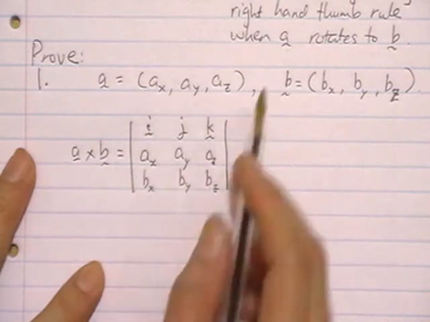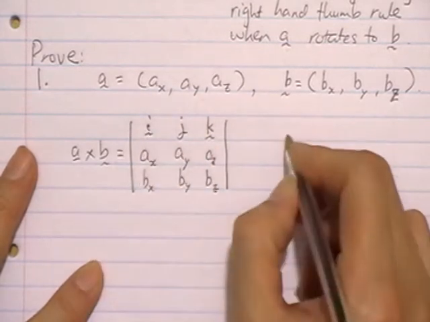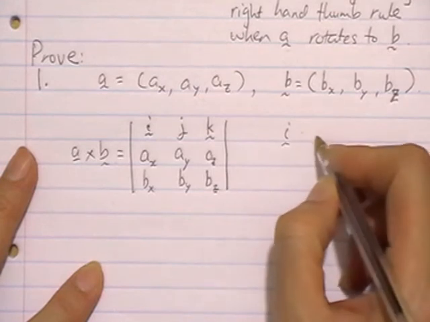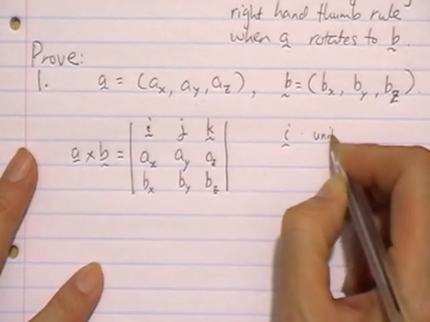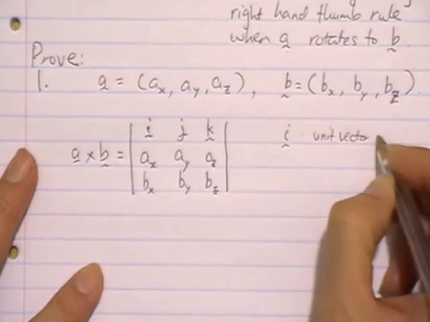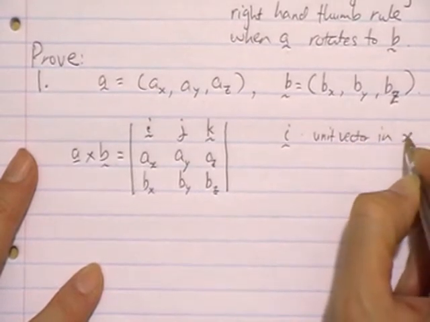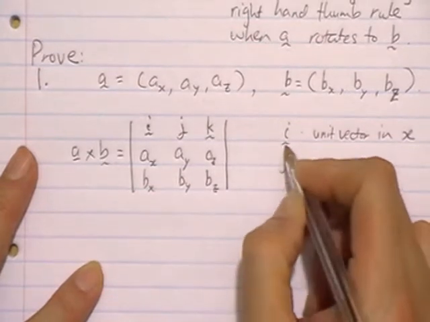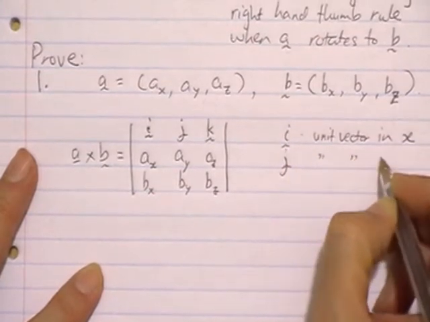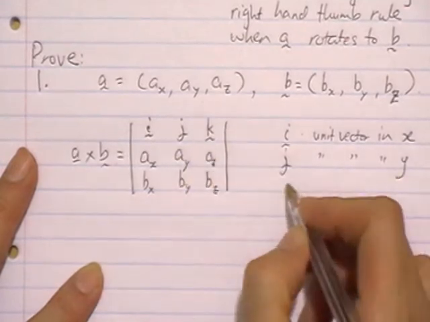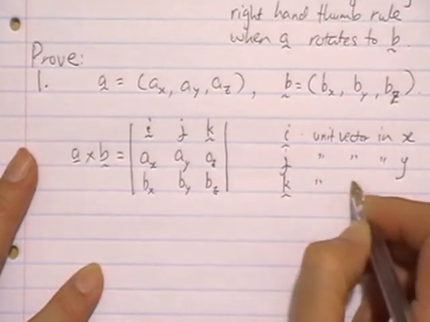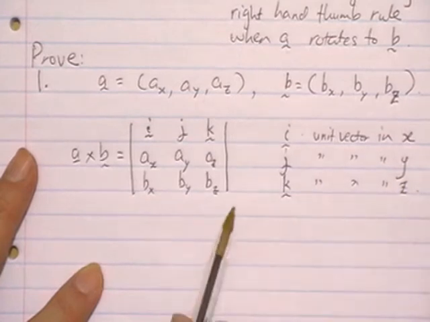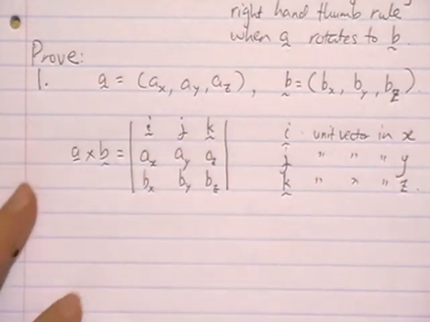What this means is this. I is a unit vector in the x direction. J is a unit vector in the y direction, and K is a unit vector in the z direction. So these are the meanings of the I, J, K.